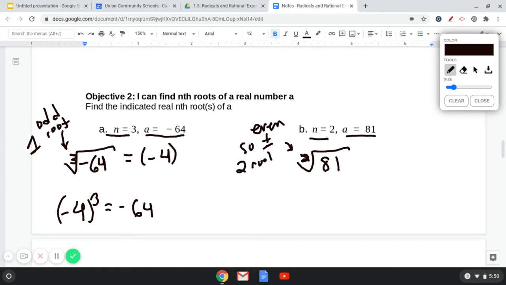All right, square root of 81. I'm guessing 9 immediately popped into your head, but don't forget about negative 9. So our answer is plus or minus 9. Or you could write this as 9 comma negative 9. So both answers are fine as well, if you prefer to use 2 different numbers instead of writing this symbol.